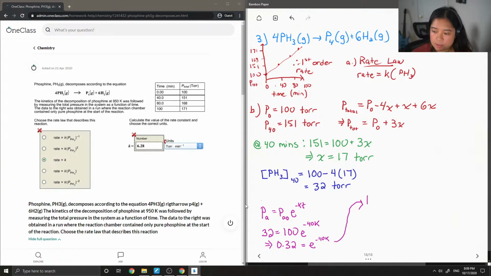Okay, so I'm going to take the ln of both sides in order to get rid of that E. So ln of 0.32 is equal to negative 1.139.